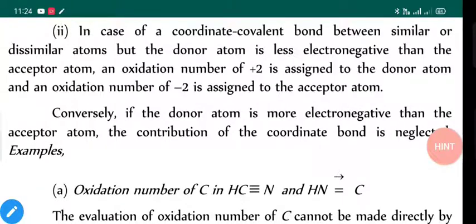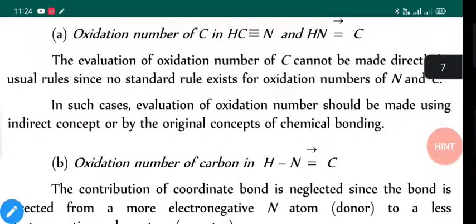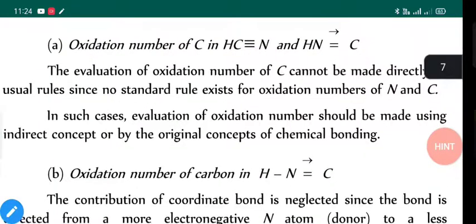And if we have the opposite situation, that means the donor is more electronegative than the acceptor, in that case we will ignore the coordinate covalent bonding and assume it as a simple covalent bond, and it will be clear from the following equation. First, we have a comparison between two different types of bonding: HC triple bond N, which has three normal covalent bonds, and second, HN double bond C with one coordinate covalent bond.